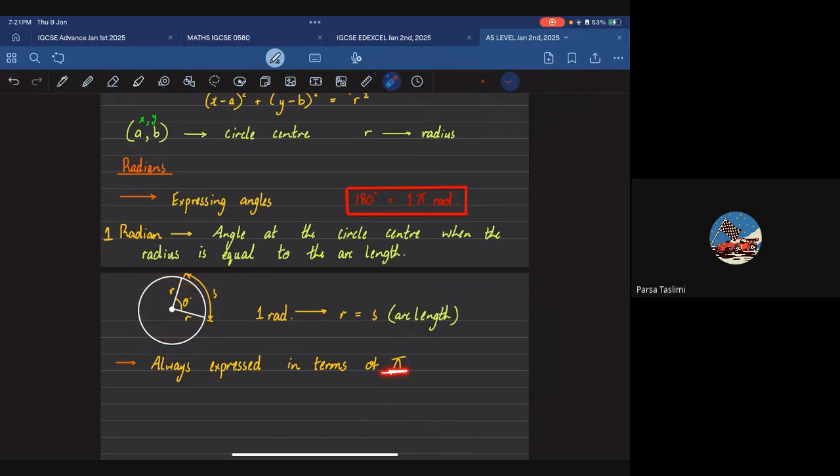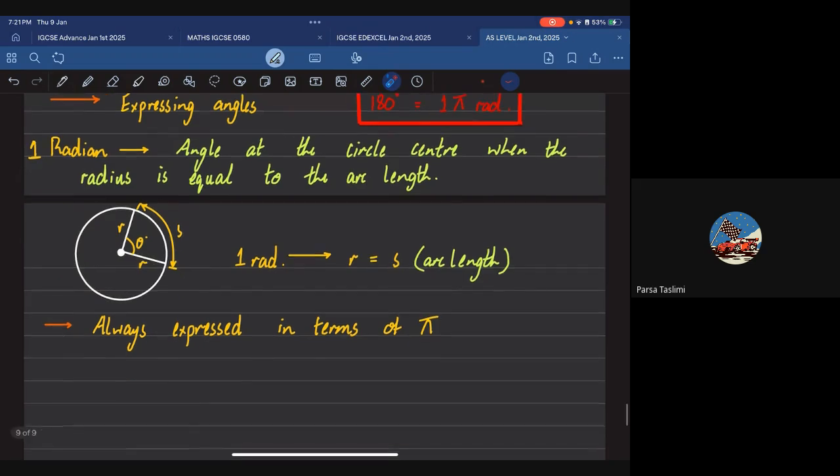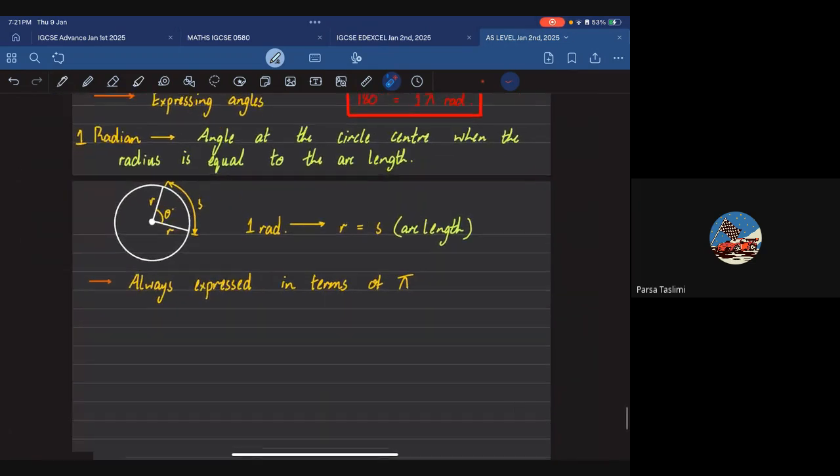We saw this with volume, surface area, area and perimeter in IGCSE: whenever there was a curved surface, pi was integrated into the formula itself. That is going to be the case over here as well.